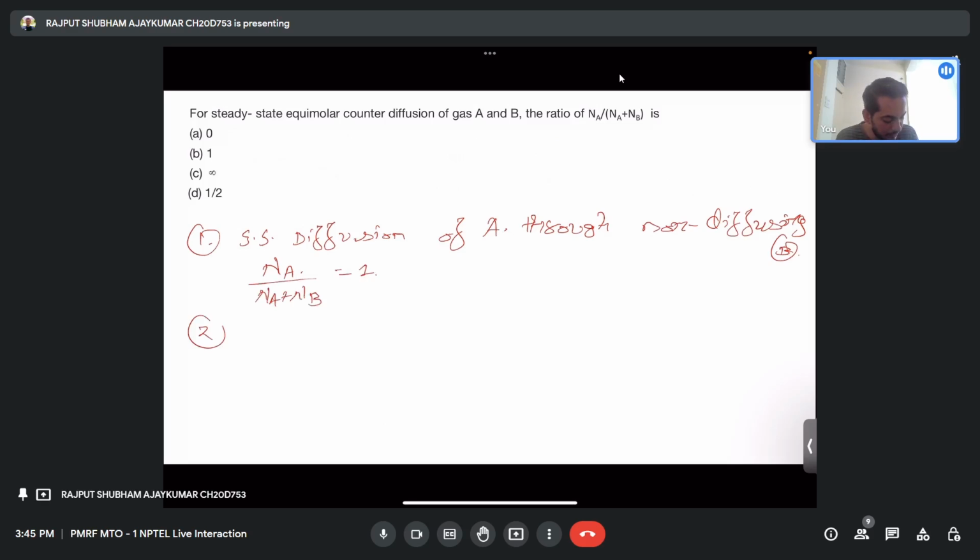In case of the second, that is steady state equimolar counter diffusion.